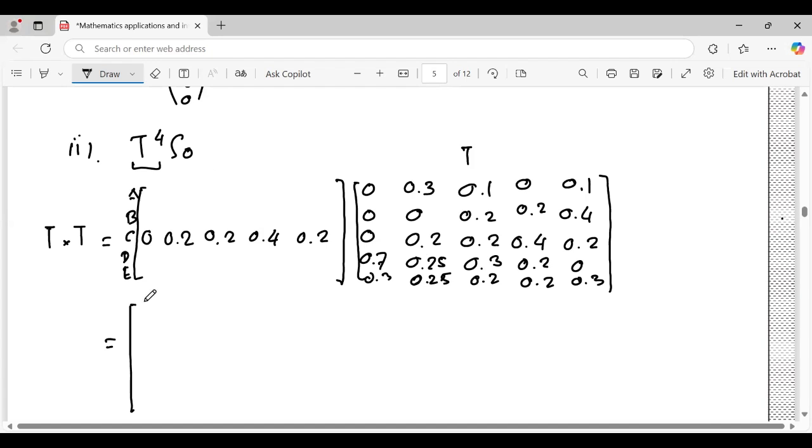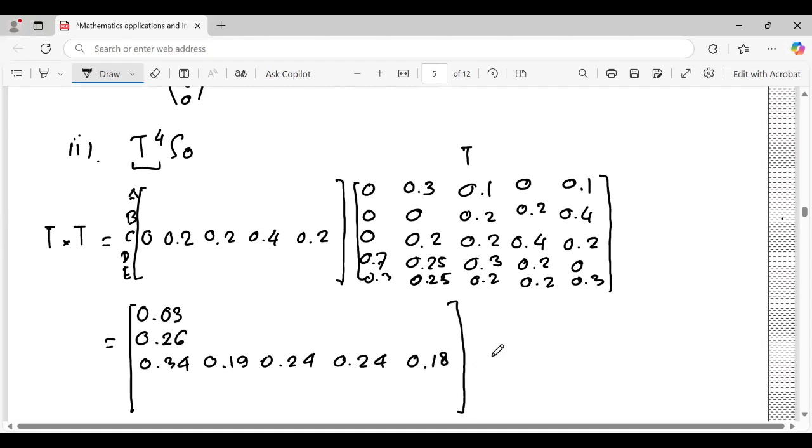So if we calculate, we got 0, 0.3, 0.26, 0.34, 0.19, and 0.24, 0.24, 0.18. So I could see here 0.14, 0.23. I will concern only on row C.